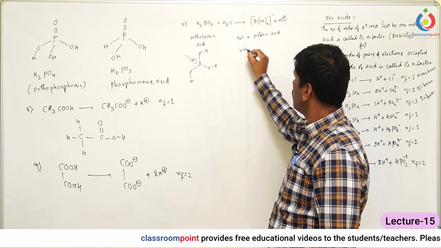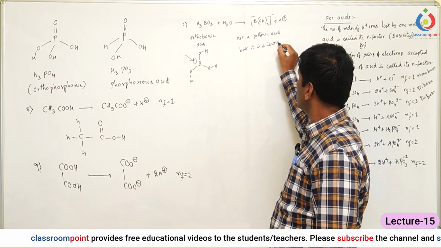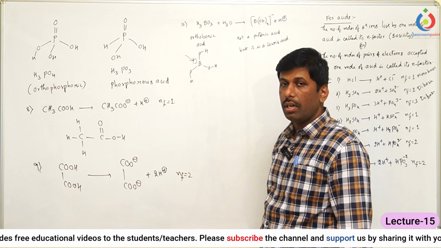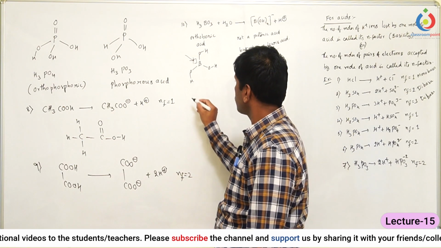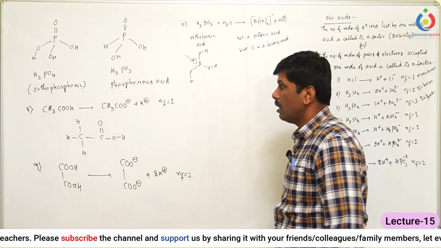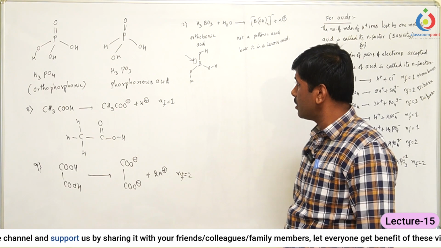But it is a Lewis acid. It is always ready to accept a pair of electrons from other substances. So these are some examples regarding the acidic nature, that is, for acids and N factor calculations.